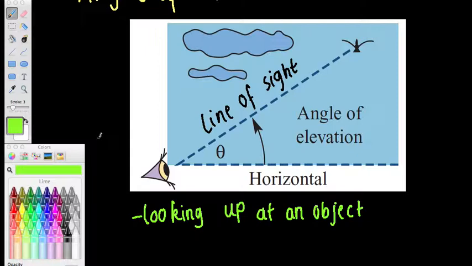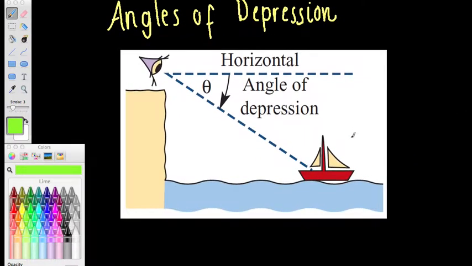The second angle that we'll look at is called the angle of depression. This is what the angle of depression looks like. Notice again we have a horizontal drawn in. This is because both the angles of elevation and depression are always measured from the horizontal.